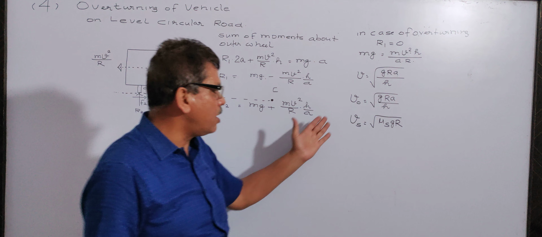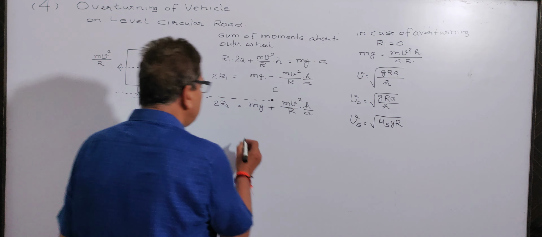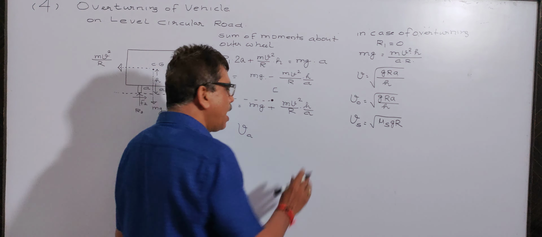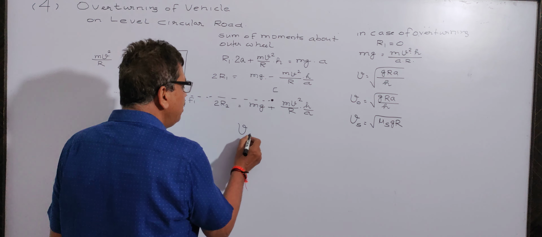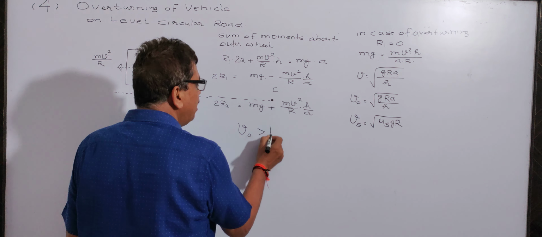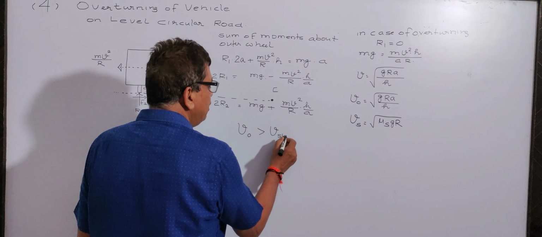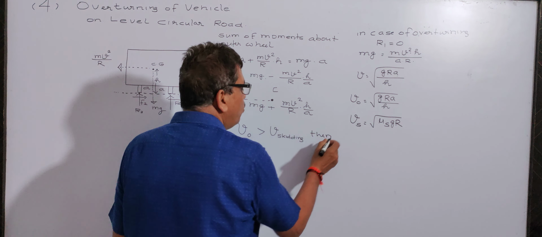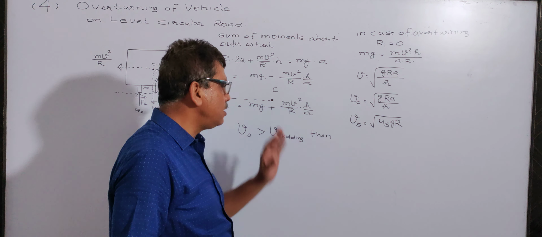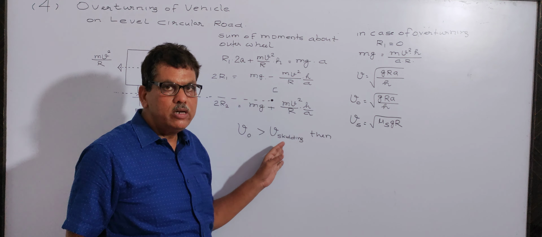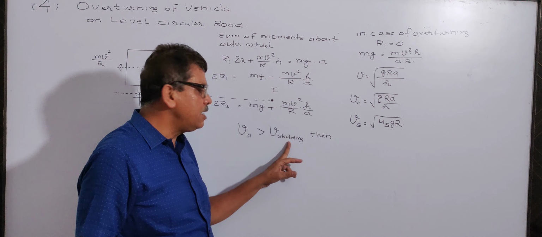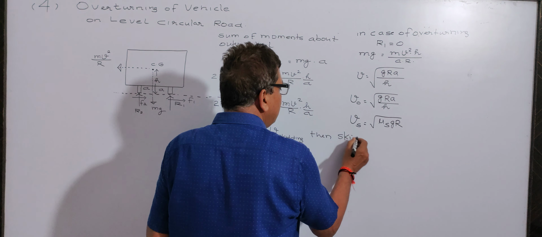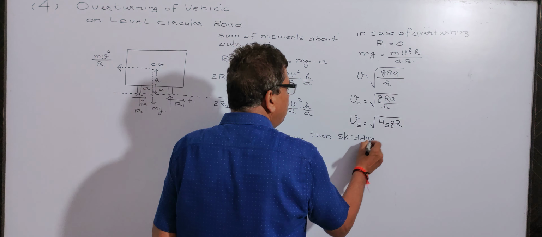Now if the overturning speed is greater than the skidding speed, then what will happen? If speed goes on increasing on the circular track, then skidding will take place first.